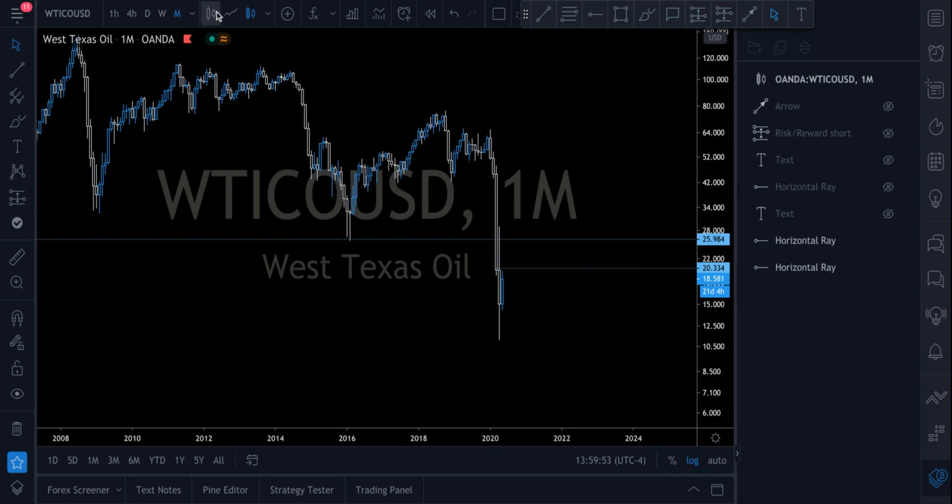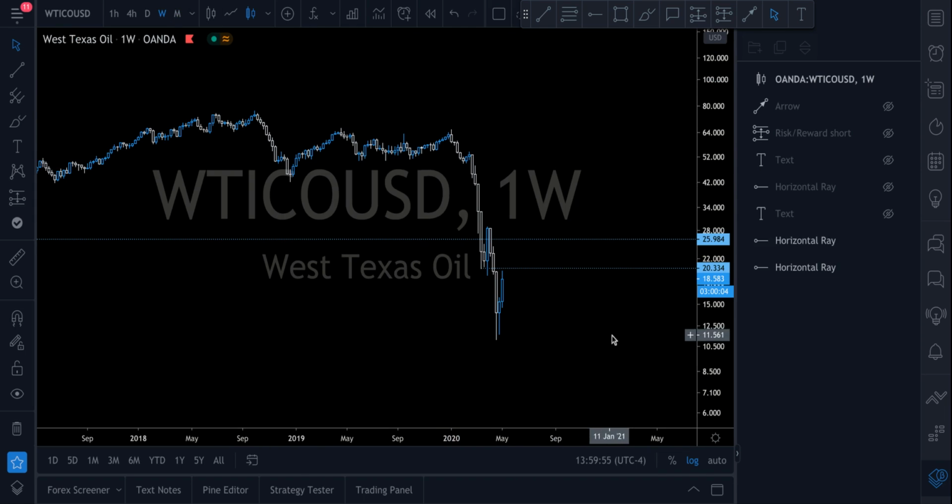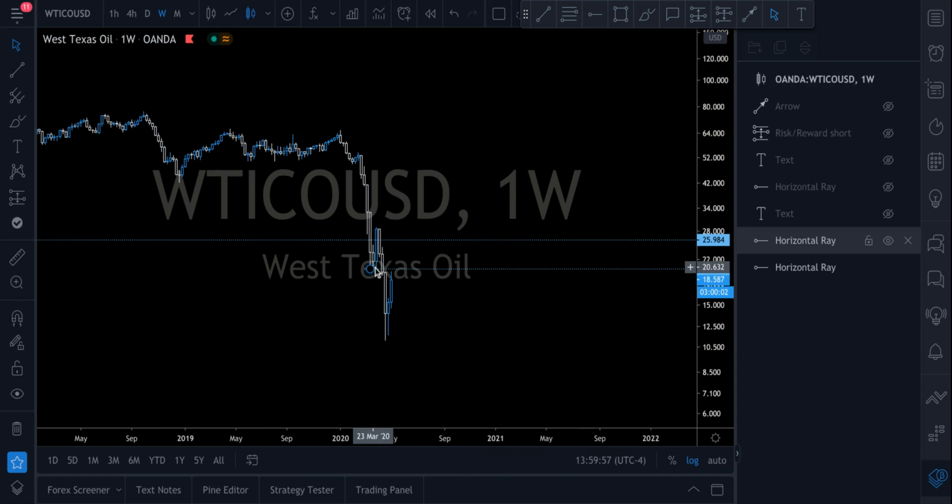And then the next thing is when I went down to the weekly, I had pointed this area of structure out because it was support. You can see that it came down here, became a reversal point, and we jumped up from there. So this was an area of structure. And right now we're approaching, and already kind of approached, this region of support. Depending on how we react on the upcoming candles, this could potentially be treated as resistance, which would be confirming this area of structure.